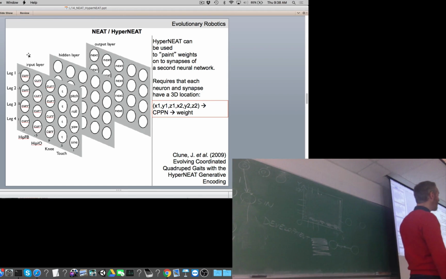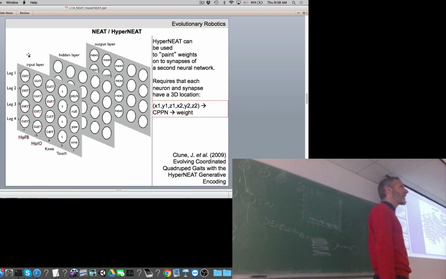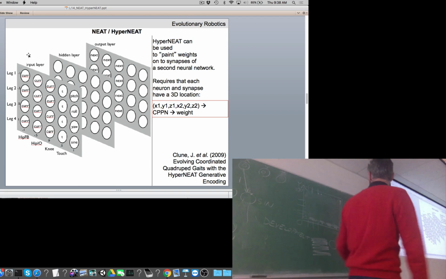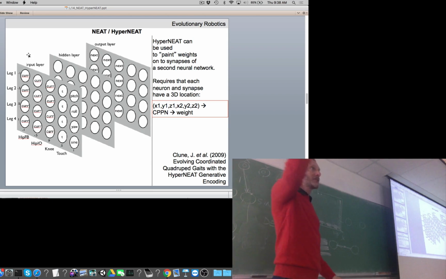Unfortunately, I don't have time to go into this, but if you Google HyperNEAT, I think on Google Images, you'll see some nice pictures of neural networks in 3 dimensions, and then they just colorized the synaptic weights, so you can actually see regular patterns of synaptic weights throughout an artificial neural network, which is embedded in 3 space.